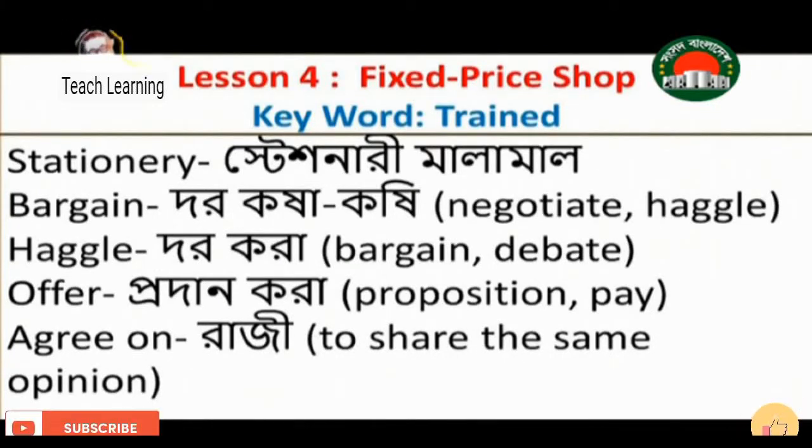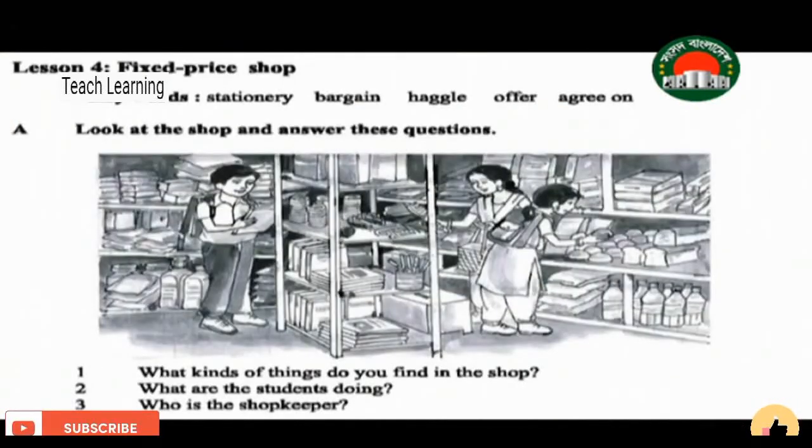Bargain means negotiate or haggle. Again, haggle means bargain or debate. Offer means proposition or pay. Everyone means to share the same opinion. So, there are a few keywords here.